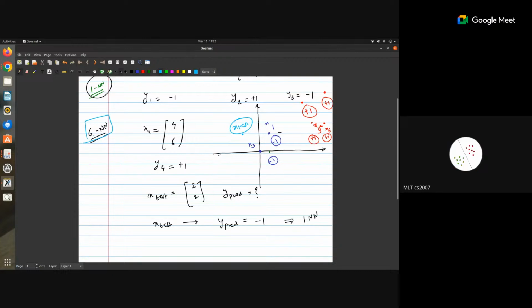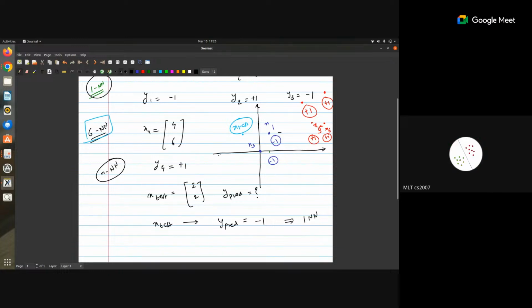So what is the problem if you have n examples in your training data and you choose n nearest neighbors? The label will always be the majority.